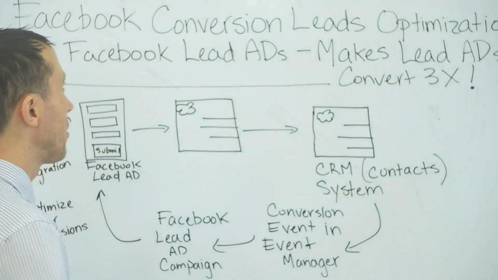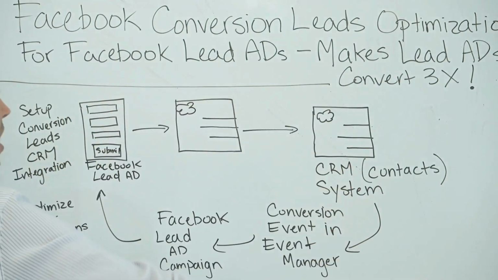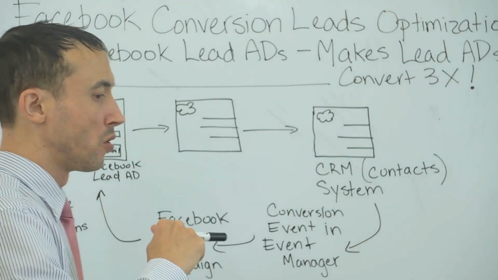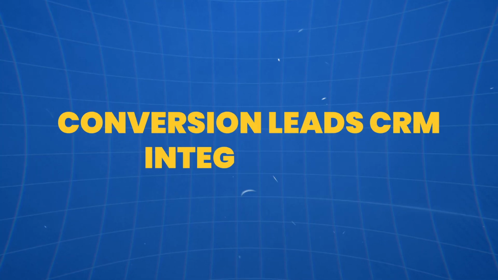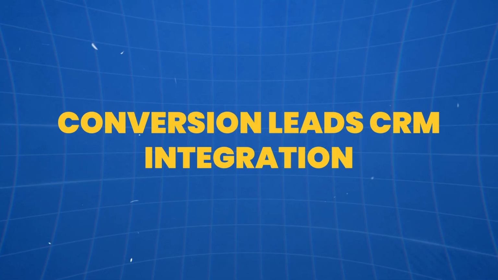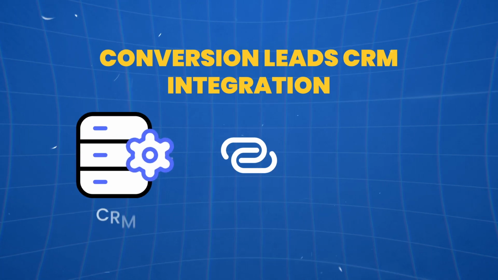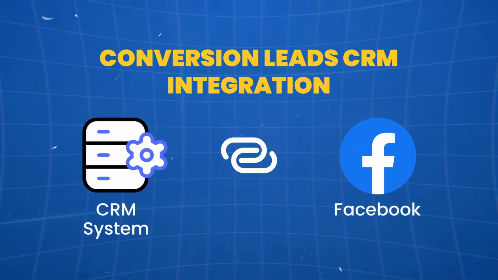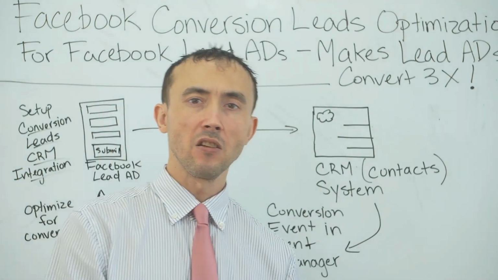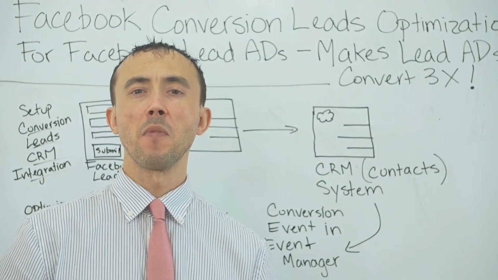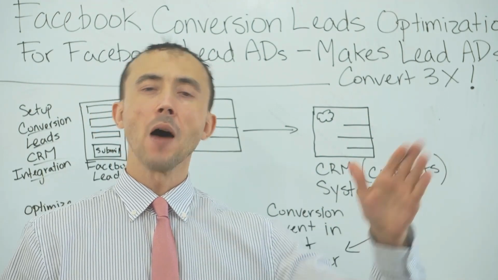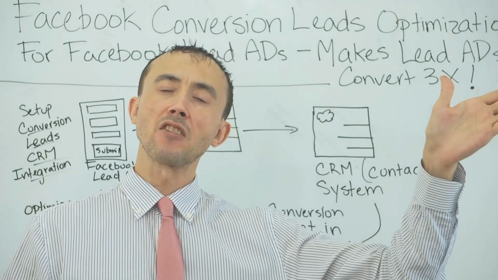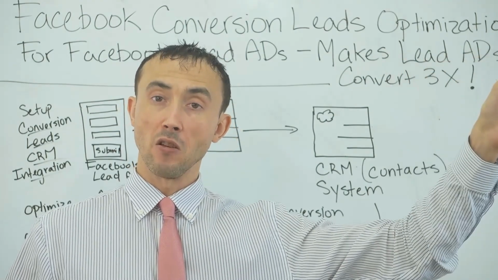That is specifically, though, what Facebook conversion lead optimization is going to do for you through something called Conversion Lead CRM integration. You can actually link your CRM system up with Facebook so that when a lead converts, you could pass that information back to Facebook so that the campaign is going to optimize for the leads that are actually converting into sales.